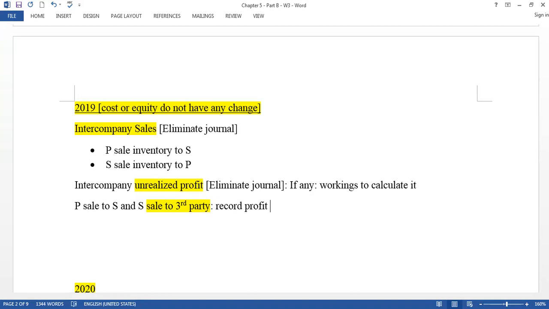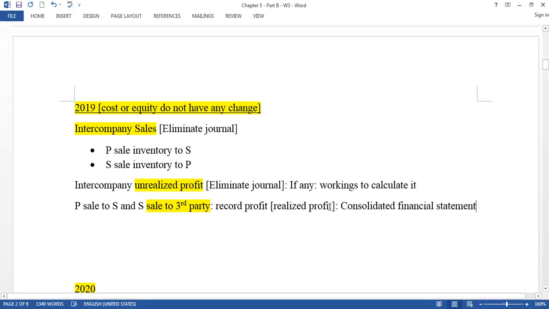This profit is called realized profit, that means earned profit, and we have to record it in the consolidated financial statement.